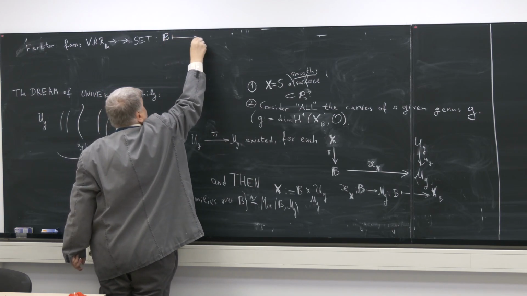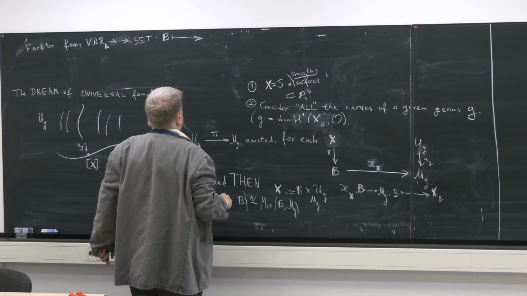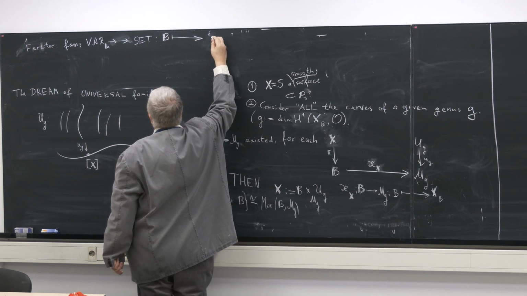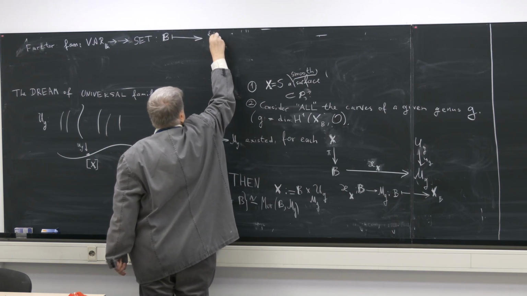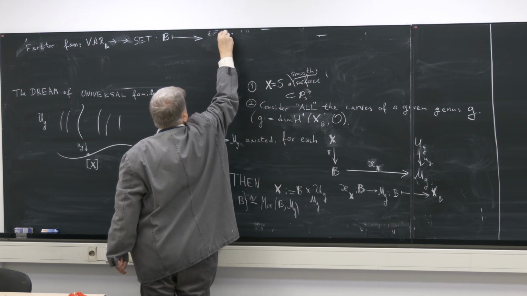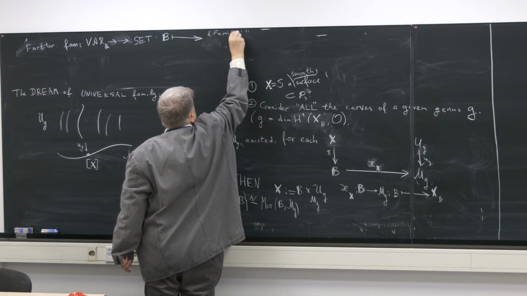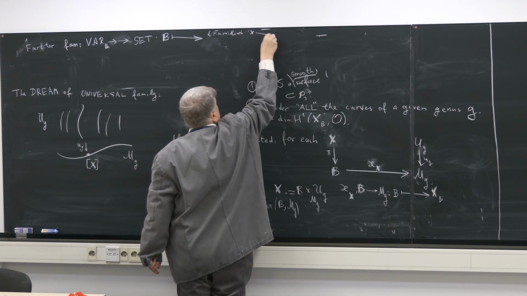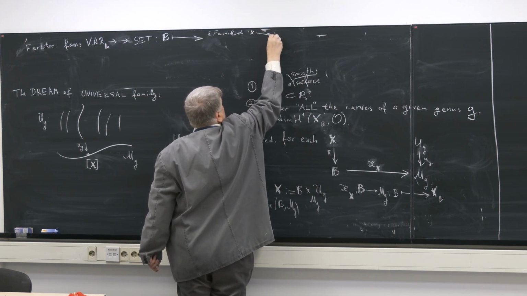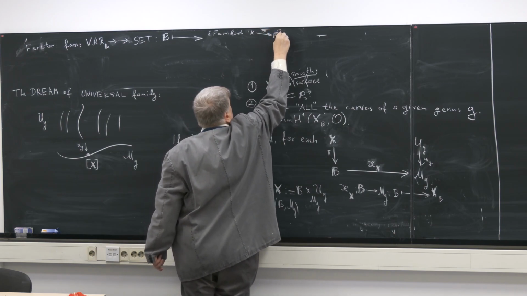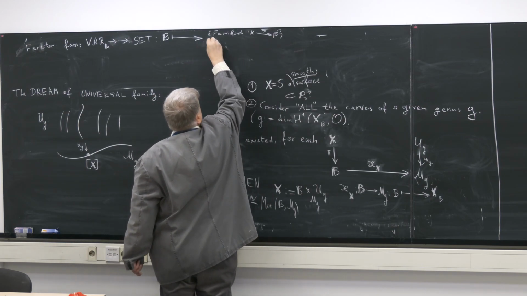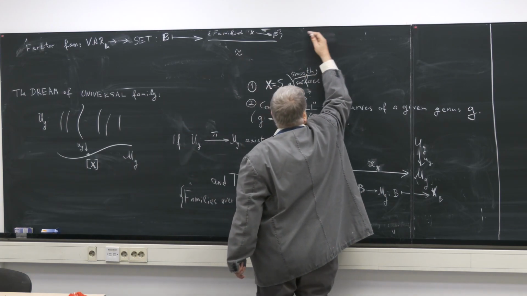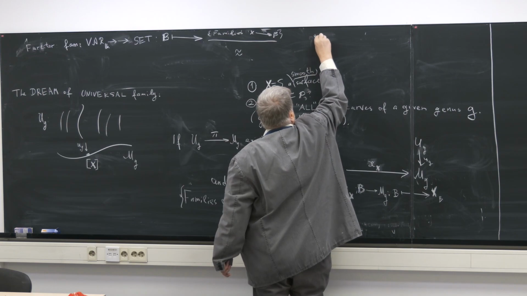So send it to the set of families X over B up to the equivalence, where the equivalence is defined in an obvious way.